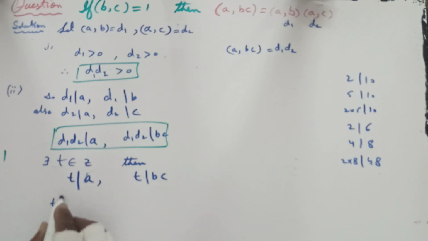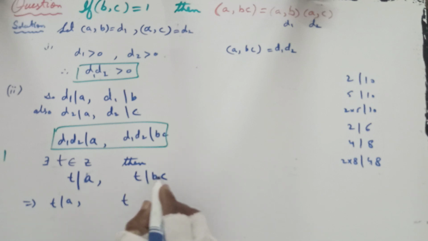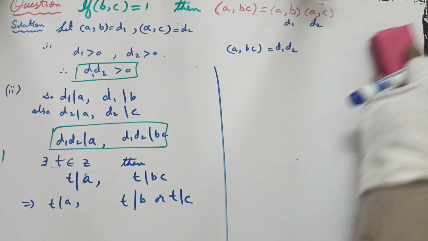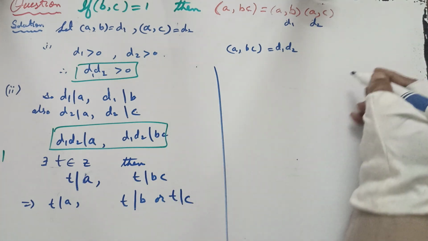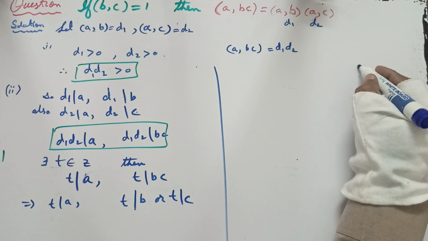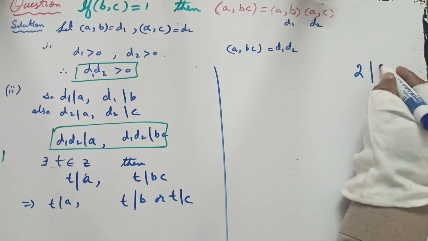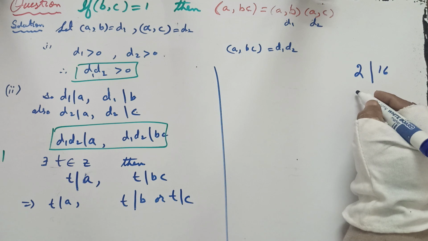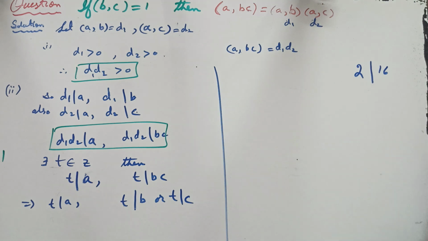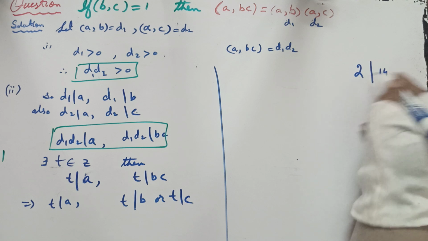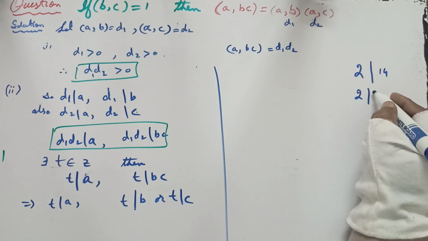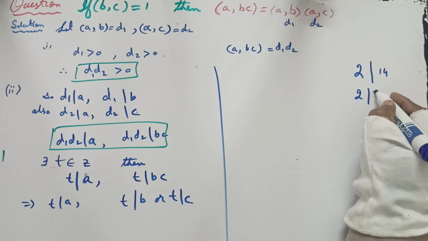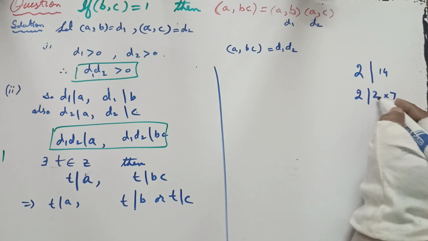If T divides A, and if T divides the product BC, then T divides B or T divides C. Clear this point from here. If 2 divides 16, or you can take 14, if 2 divides 14, then 2 divides 2 or 7.